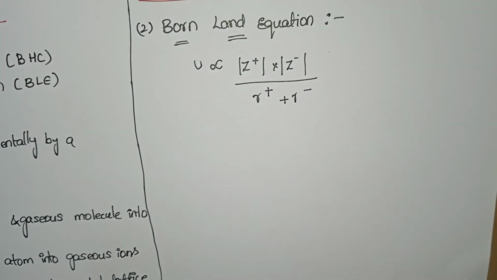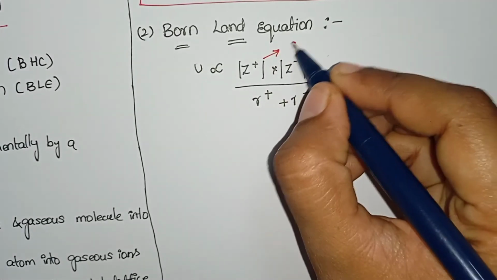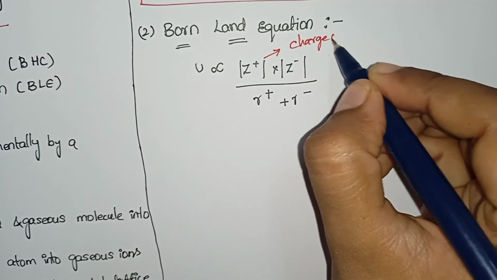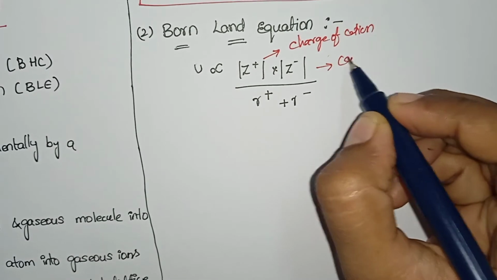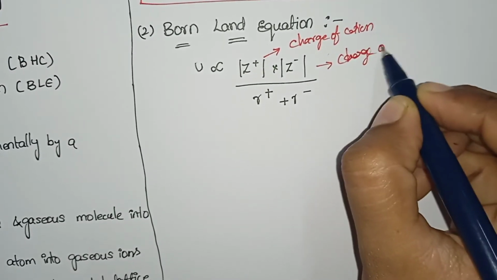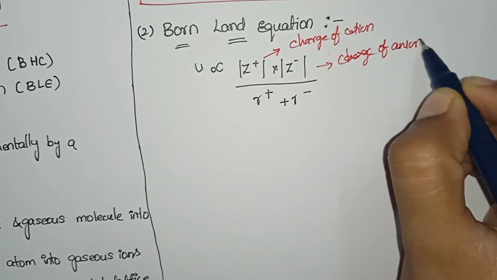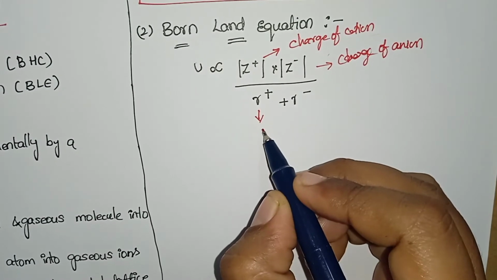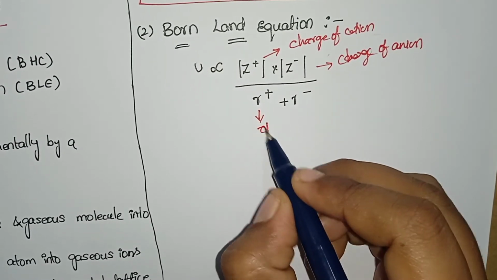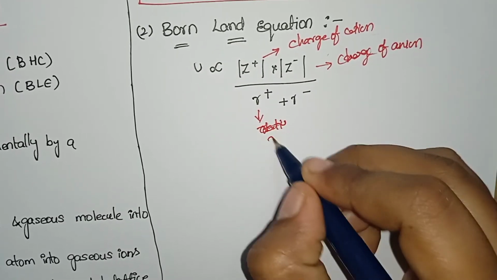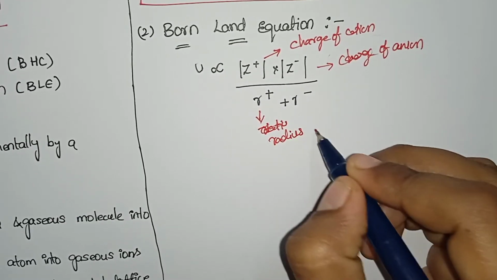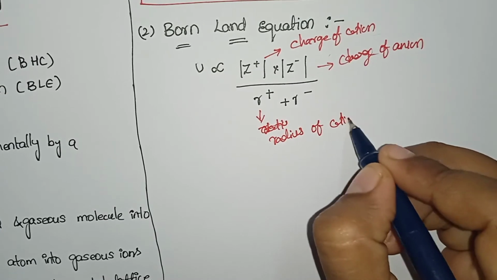So what is Z plus? Charge of cation. What is Z minus? Charge of anion. What is R plus? Radius of cation.